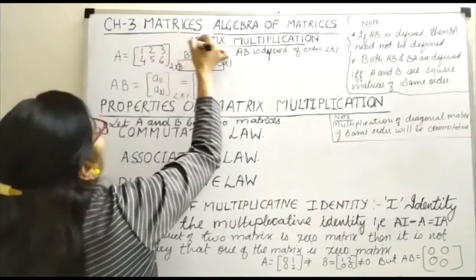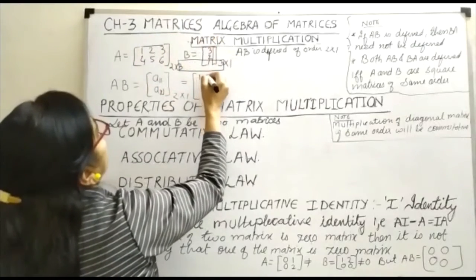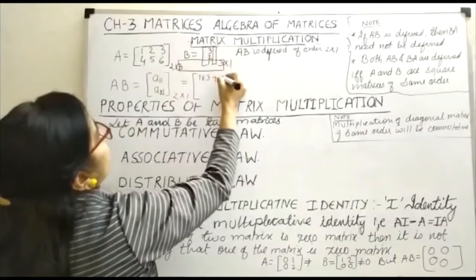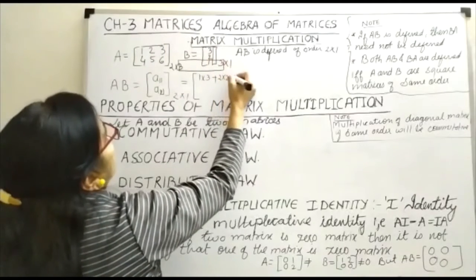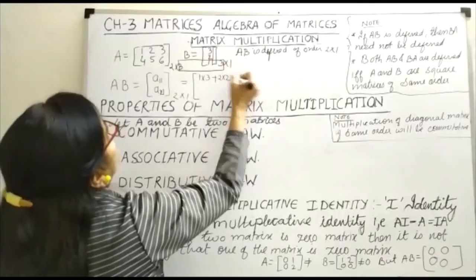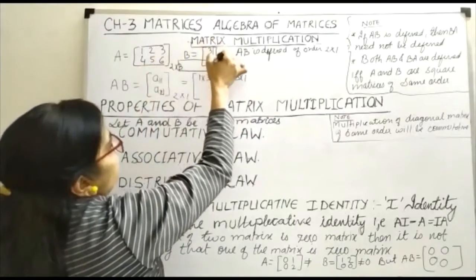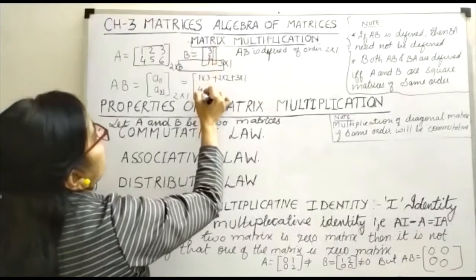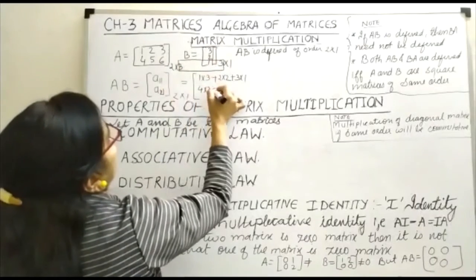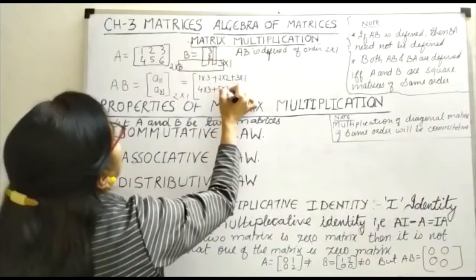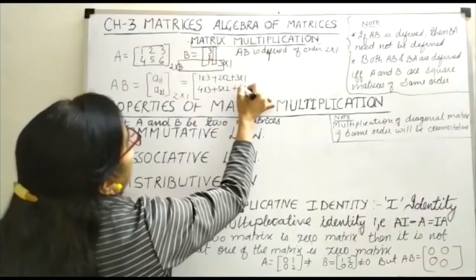So 1 into 3 plus 2 into 2 plus 3 into 1. Now a21 means second row and again the first column: 4 into 3 plus 5 into 2 plus 6 into 1.